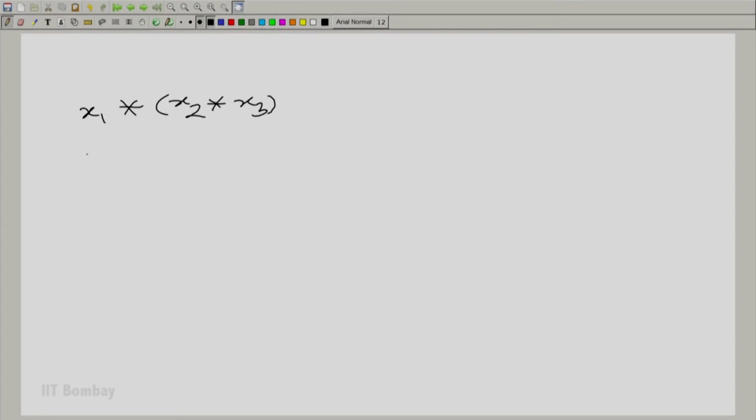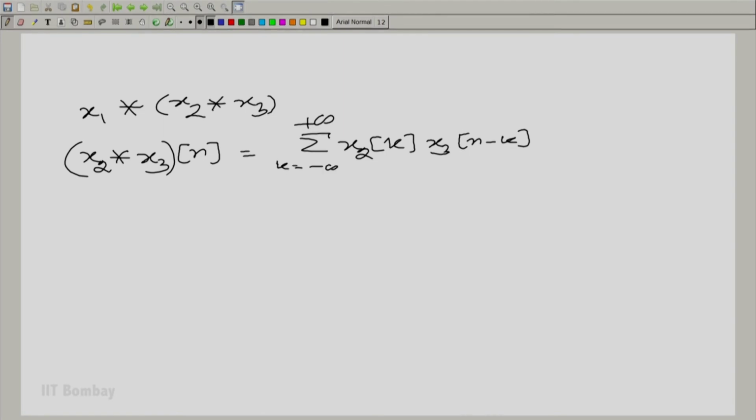Now, first let us convolve x2 and x3 and evaluate it at n. That is very simply summation k going from minus to plus infinity x2 k x3 n minus k. And of course, so as not to confuse it with the previous k that we had, let us call this variable k1.